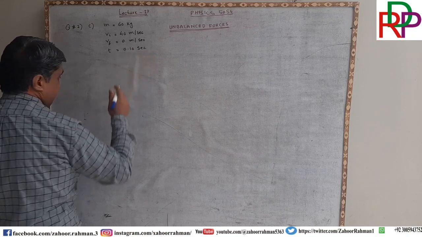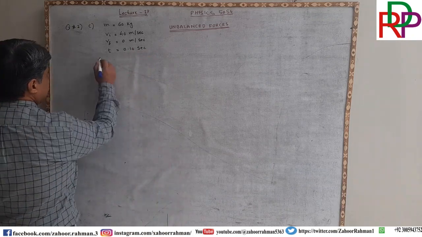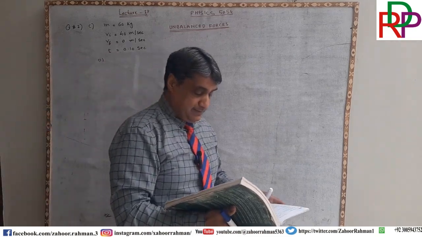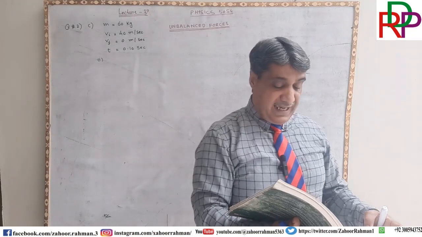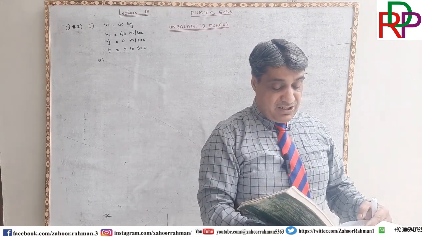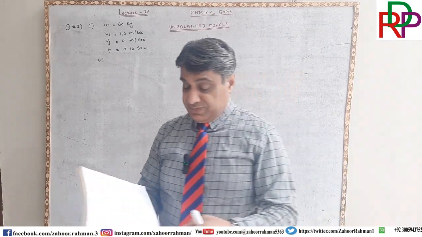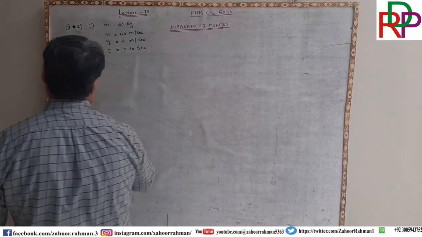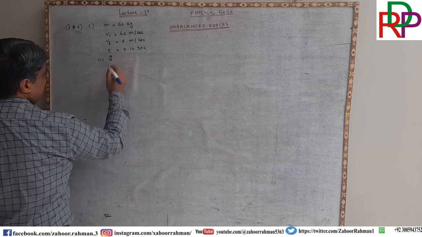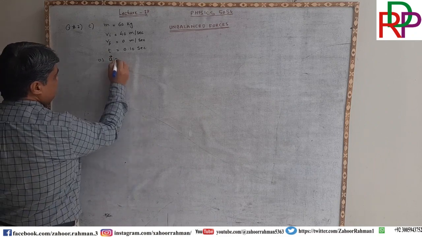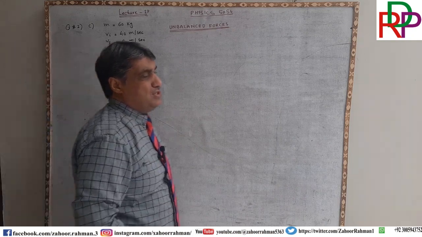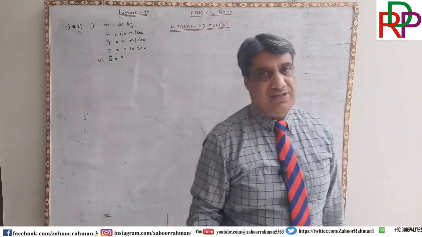0.10 second. Now in the first part they are saying to calculate the average retardation of the dummy driver during the impact. We have to find the retardation. Ladies and gentlemen, you know that retardation is a name given to negative acceleration.